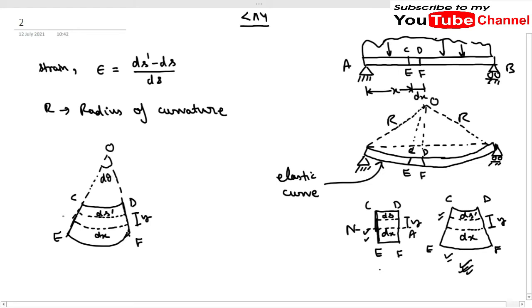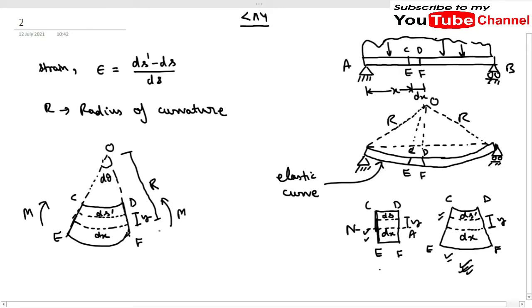Up to the neutral axis, this radius is r. Now in this figure, if we recall from simple geometry, this is the moment which is acting on the element.